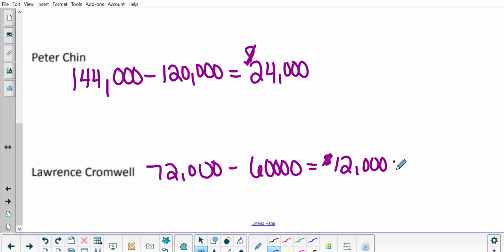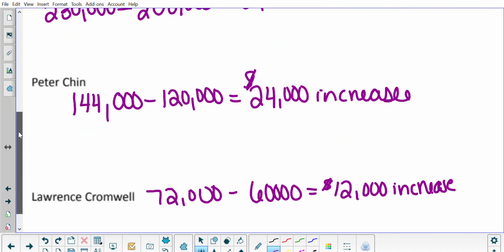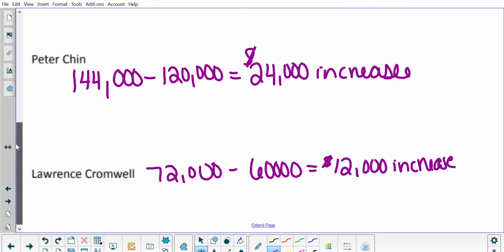Okay, these are all increases because they were positive. If they were negatives, we would say decrease. All right, so looking at this, we see that Maria increased the most. Okay, she increased by 30,000, then Peter, then Lawrence.